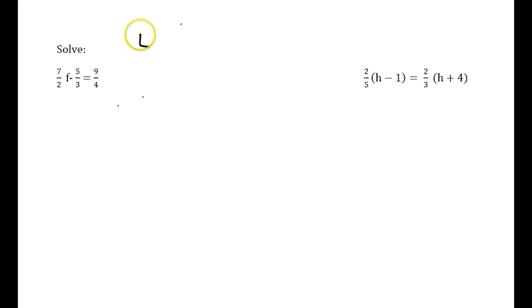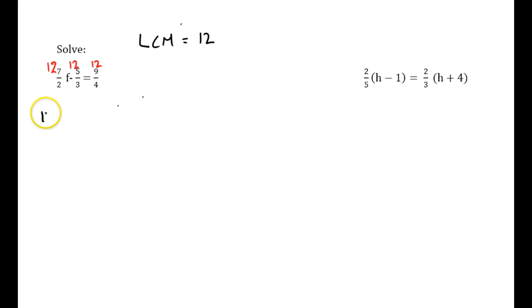Again, the lowest common multiple of 2, 3, and 4 is going to be 12. So I'm going to multiply all the terms in my equation by 12. Multiply that by 12 and multiply that by 12. Look what happens when we do that.